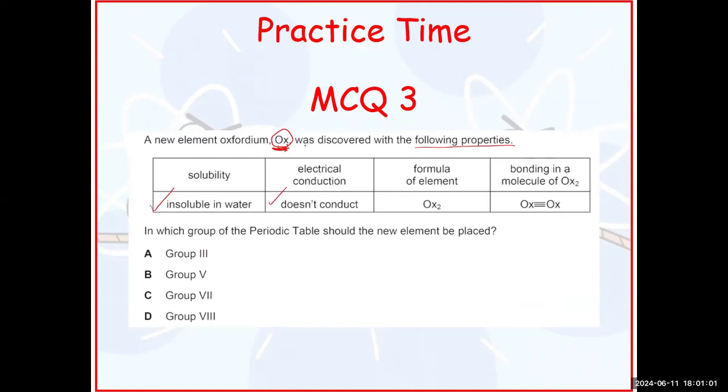It does not conduct electricity. It has the formula OX2. And the bonding is a triple bond between OX and OX. Very easy, I believe. In which group of the periodic table should the new element be placed?